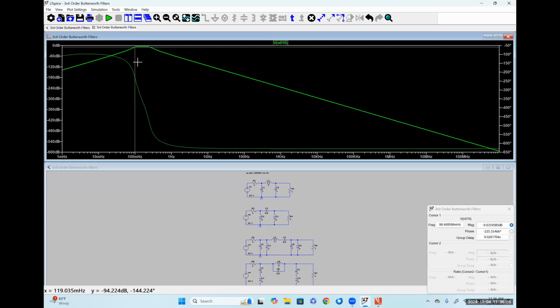F low is 98.5 millihertz. And now we're going to go to the other side. And we're again looking for -9 dB or so. 257.4 millihertz. So that's F high.